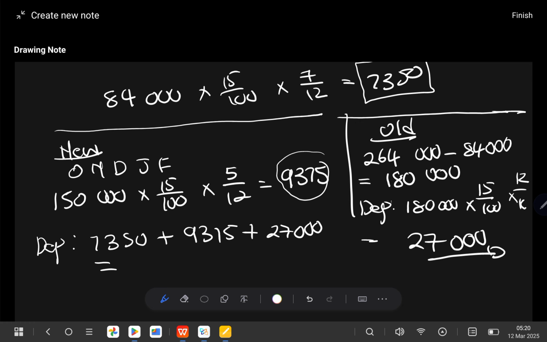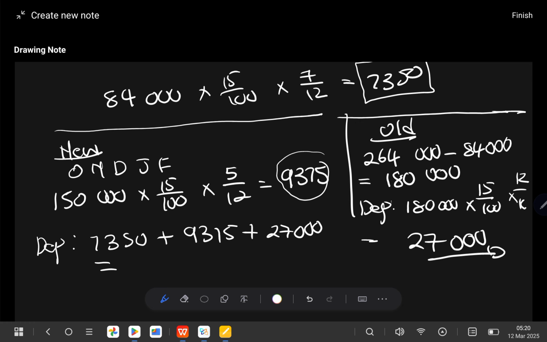So let's see, 7,350 plus 9,375, and then also plus 27,000. Our total depreciation for the year is 43,725.